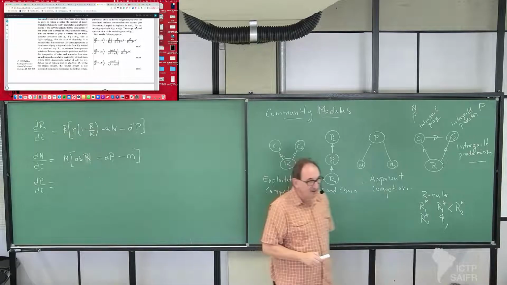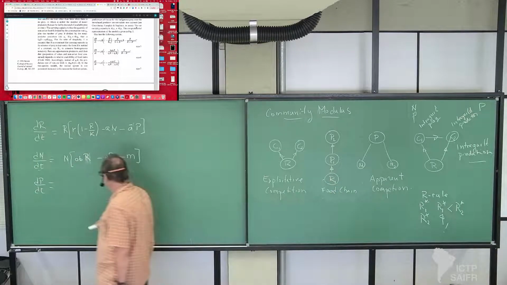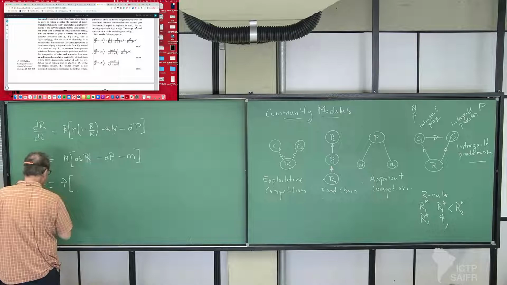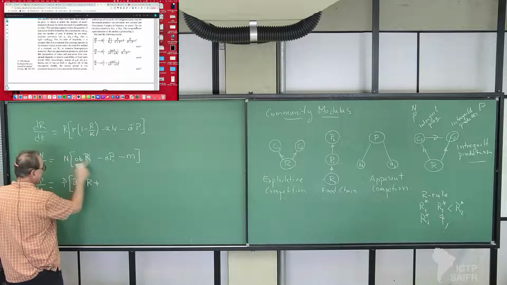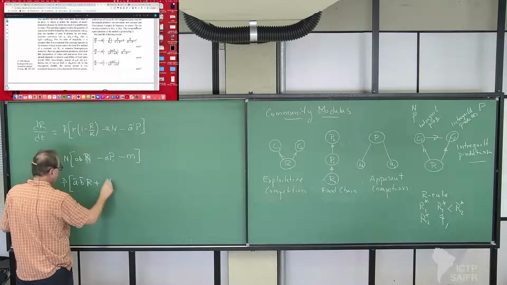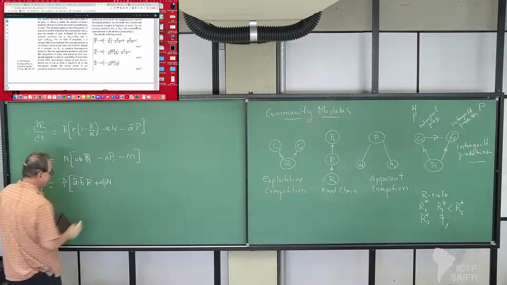Then for P we'll do the same thing. You have r bar times b bar, conversion factors like r, plus something which is N times P, so for instance N, that's the alpha and some beta as conversion factor, minus some natural death rate m bar.